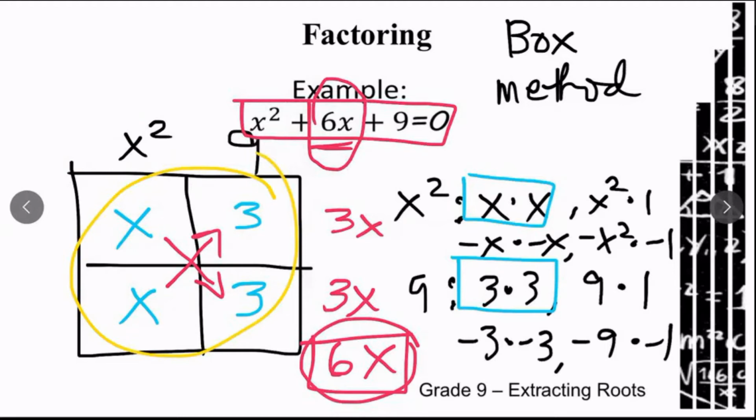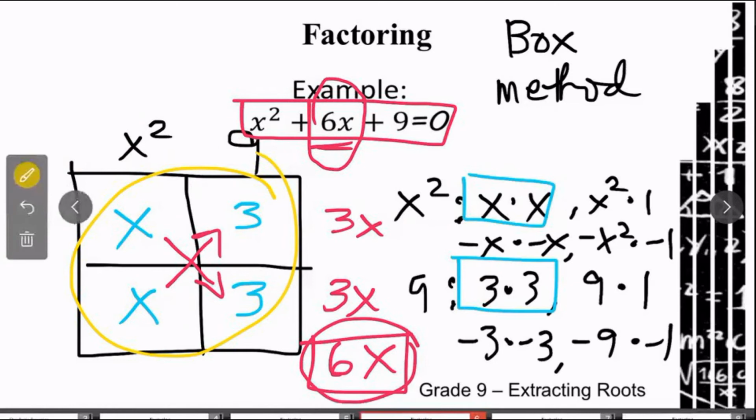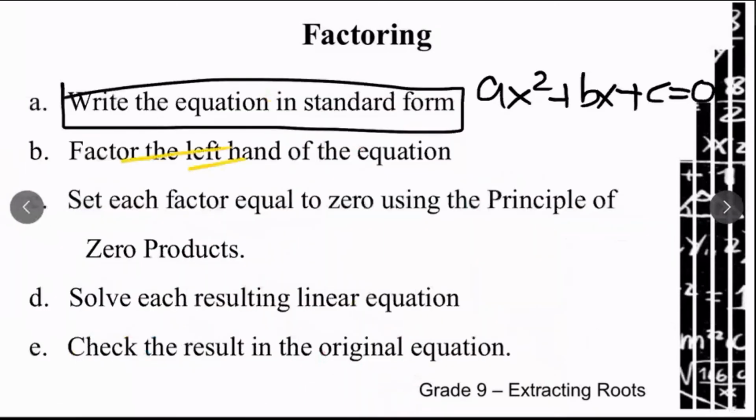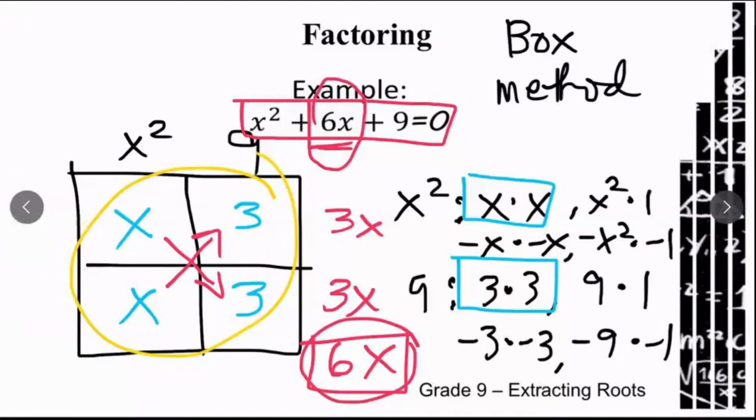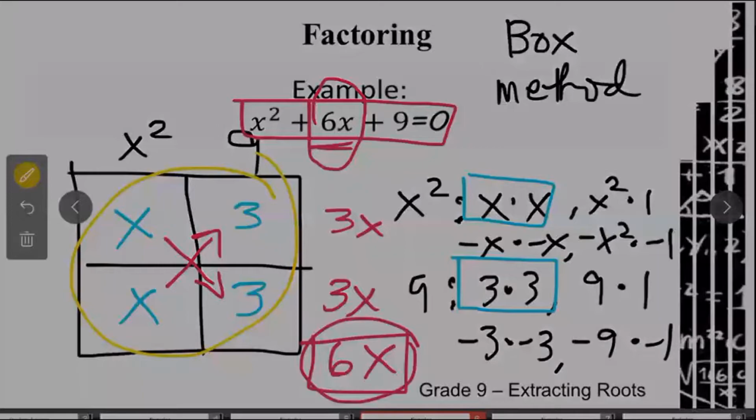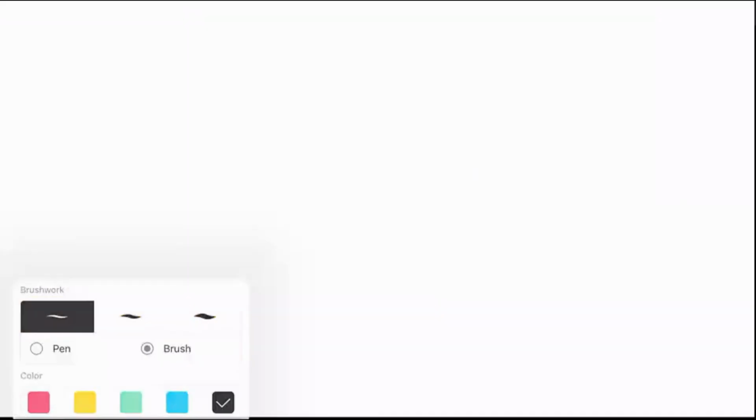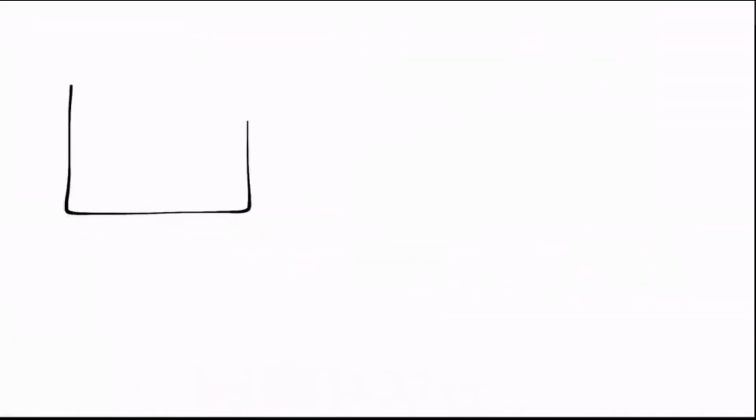So therefore, that is our step number 2. So step number 2 na tayo. So now, let us identify the factored form of the given expression. So let us just go to our whiteboard. So I'll just rewrite the box.